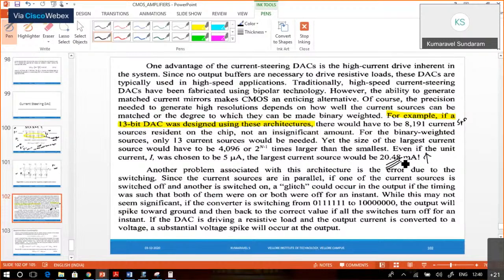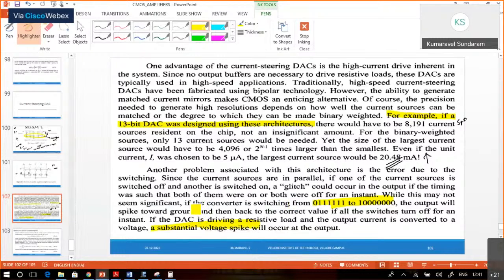If you go with the binary weighted configuration, say from 011 to 100, a glitch will occur, because all the switches will be simultaneously turning off and on for a particular instant of time. That will cause a substantial voltage spike at the output. A glitch will be there. In this current steering DAC, the main problem is the glitch.